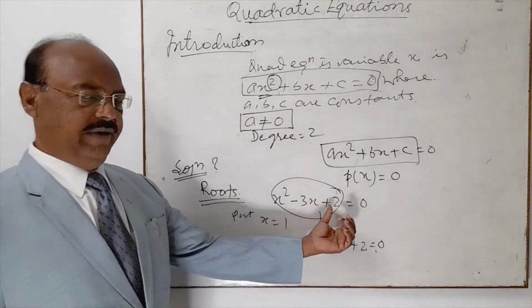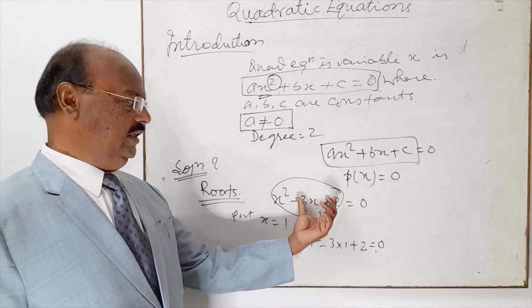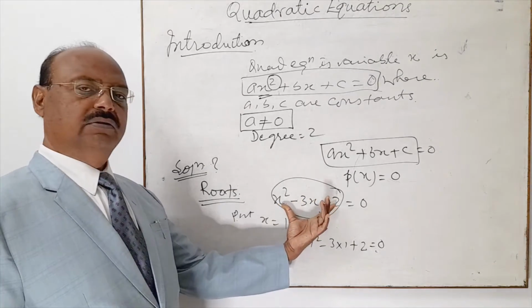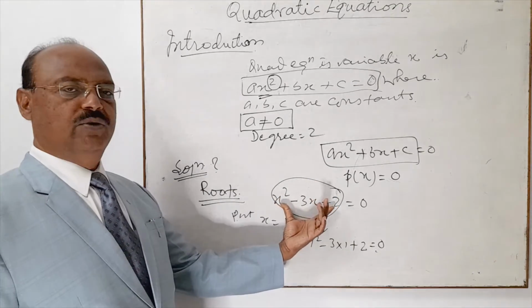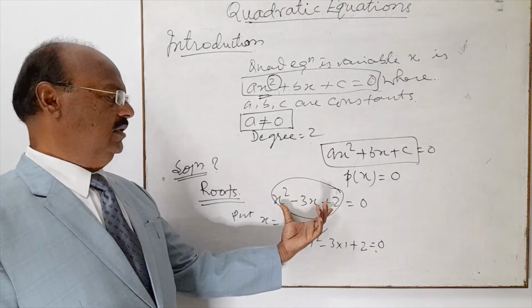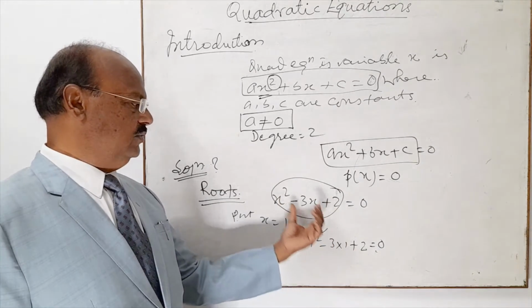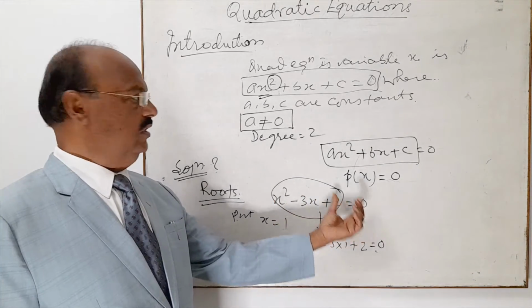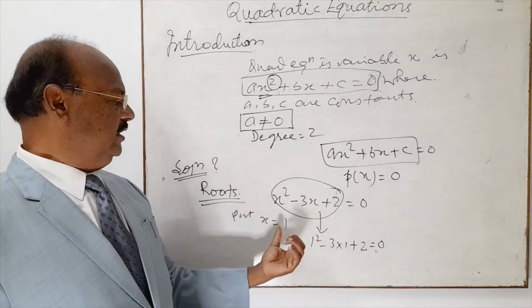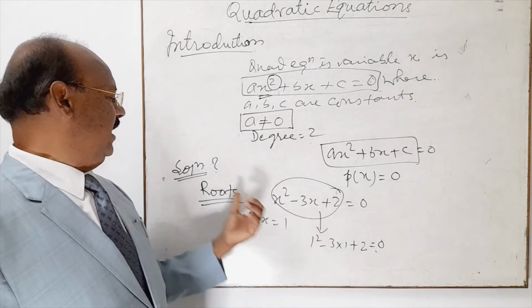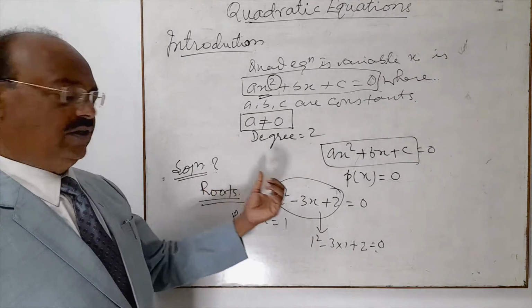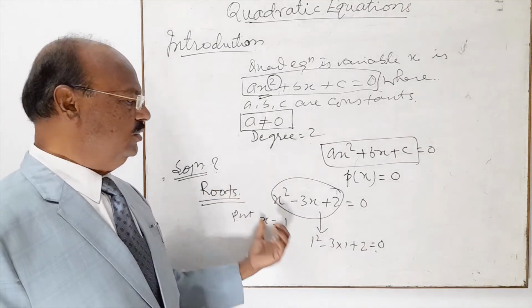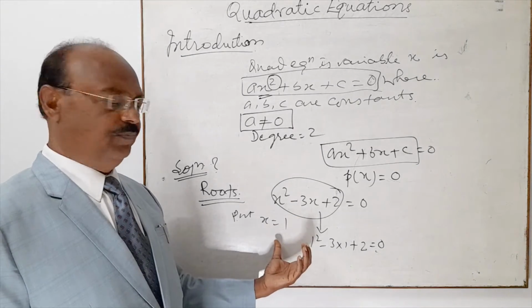So the value of x which satisfies the quadratic polynomial, whenever we put the given value and it becomes 0, is known as solution or root of the quadratic equation.